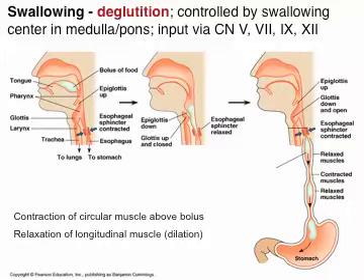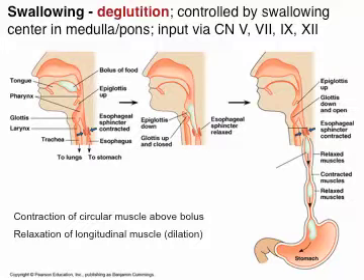When the process of deglutition, or swallowing, begins, the bolus moves towards the esophagus. The epiglottis is told to lay down over the glottis so that the bolus doesn't go into the trachea. You also have to relax your esophageal sphincter so that the bolus can move into the esophagus.